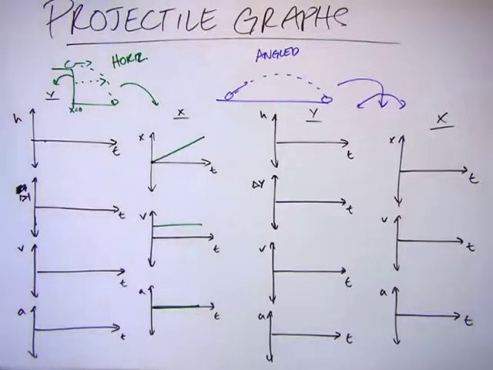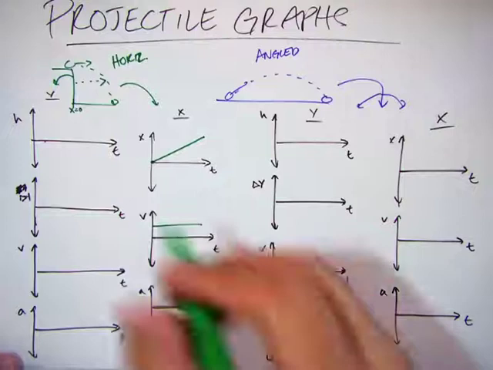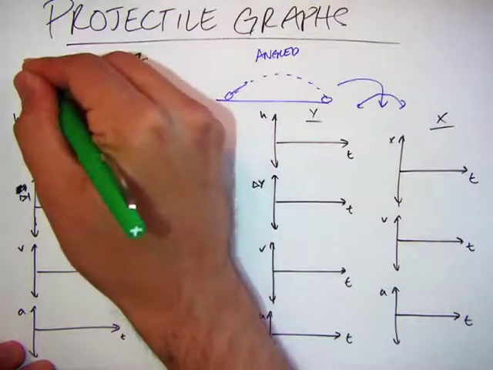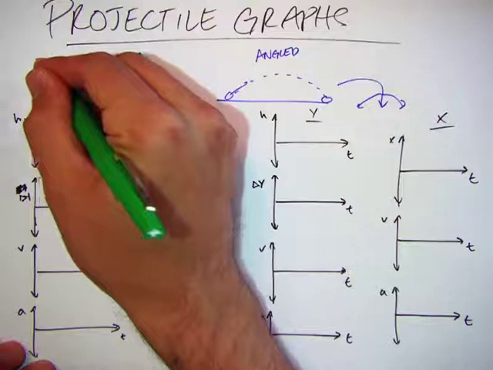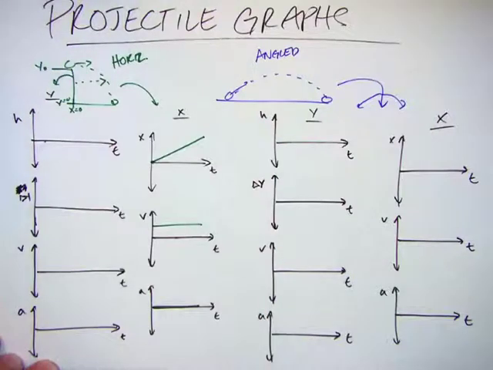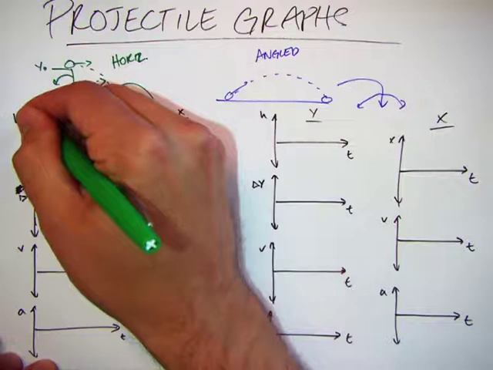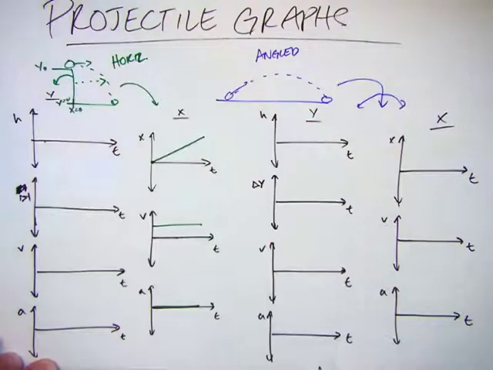Now in the y direction, it's accelerating according to gravity, negative 9.8 meters per second squared. So let's start by looking at its height versus time. Let's say that the bottom here is y of 0, and I start at some initial y position above that. It starts with a y velocity of 0, so my height versus time graph starts flat.